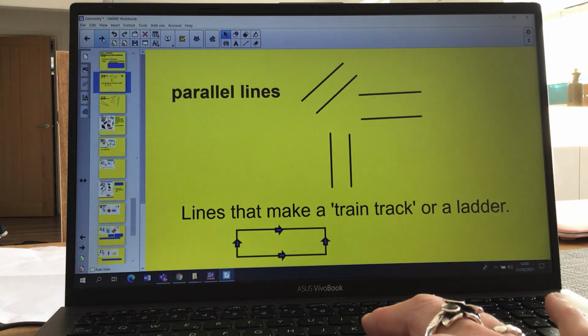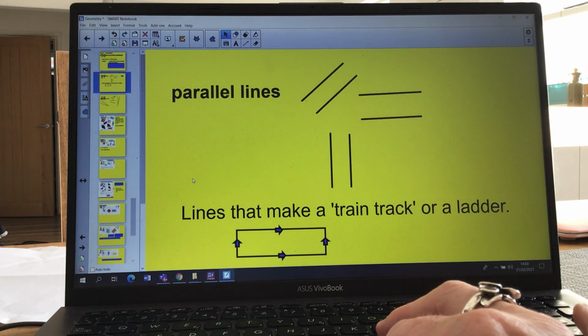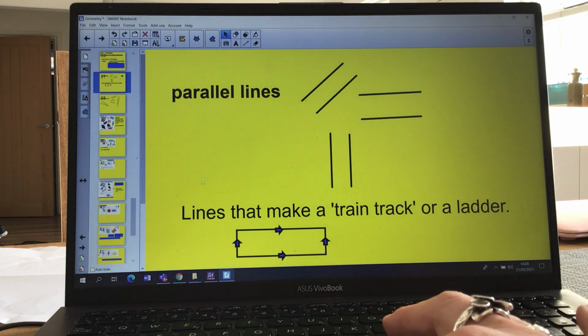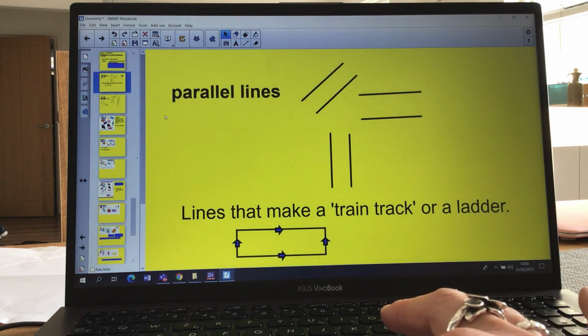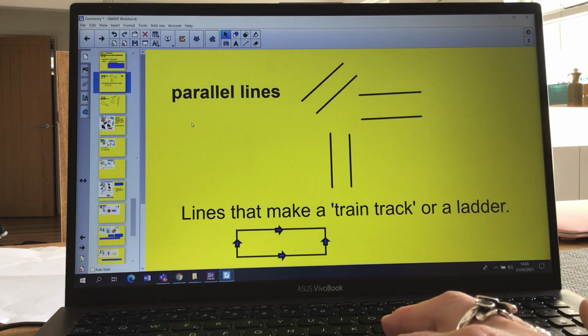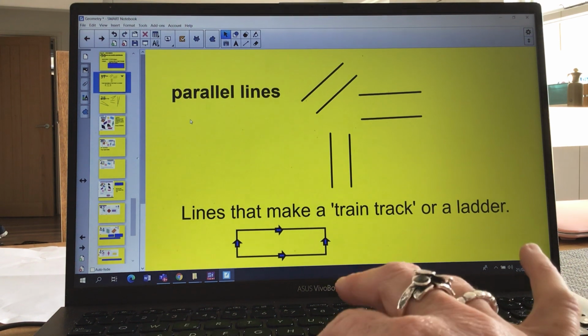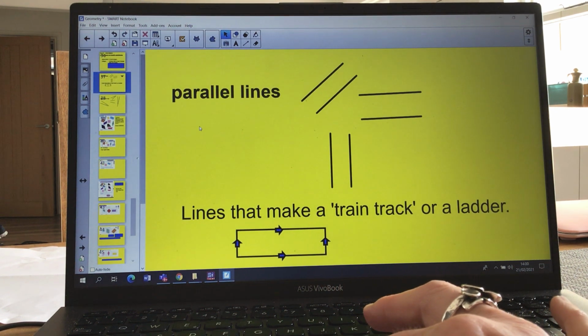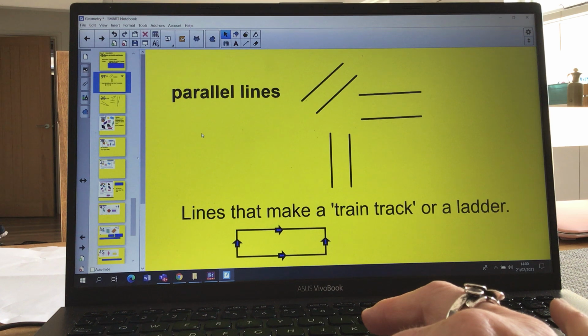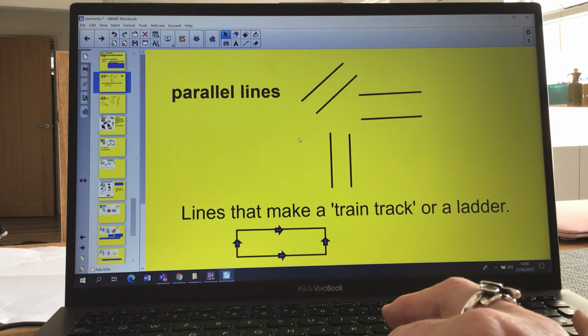Another thing that you need to know before we go into today's lesson is some more vocabulary here: parallel lines. I think you may have come across this last year a little bit in Year 3. Parallel lines are lines on a shape that make, I always talk about a train track or a ladder.